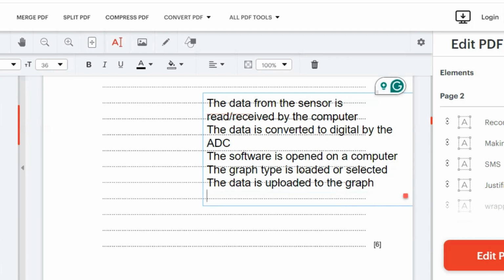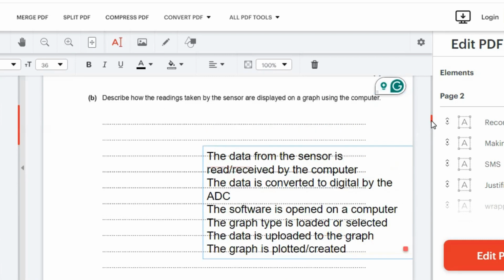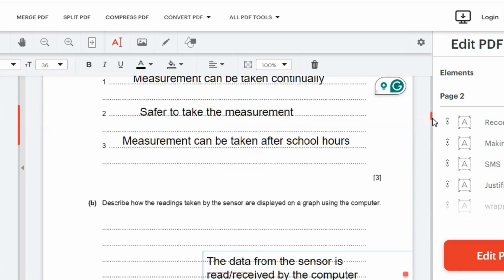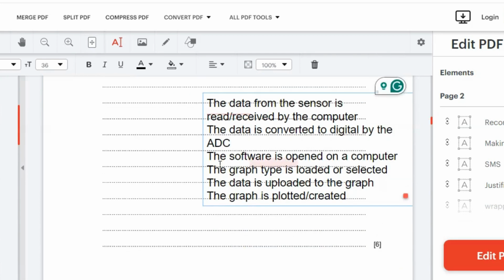Then number 6, the graph is plotted or created. All right. So this makes it how many? 6, and you get your full 6 marks. All right.